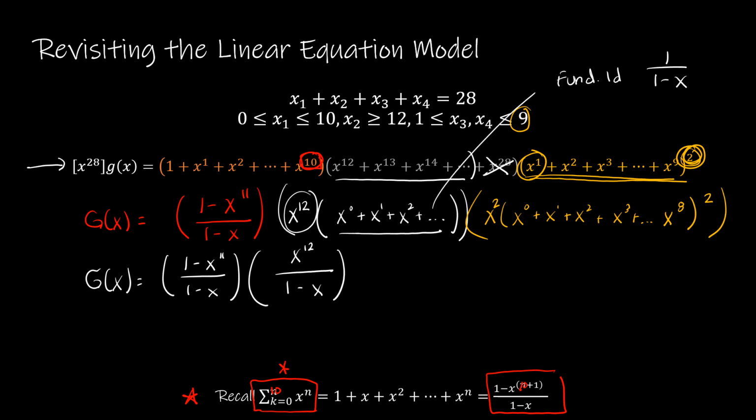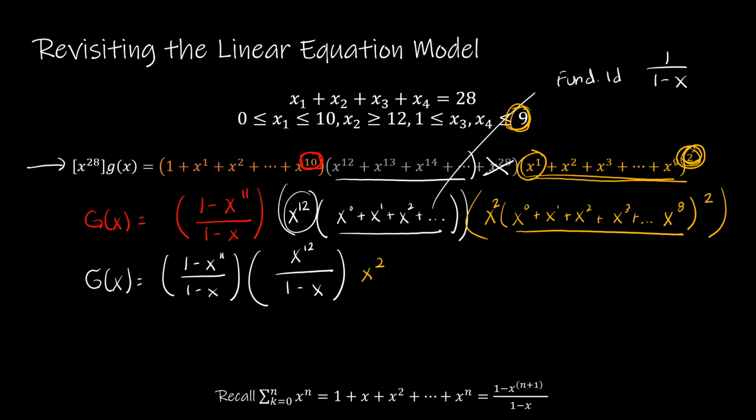Now, what I have left over is this x squared, and this portion here, which is back to the finite geometric sequence. Finite because we had that upper bound that started at 9 but is now 8 since I factored out an x.